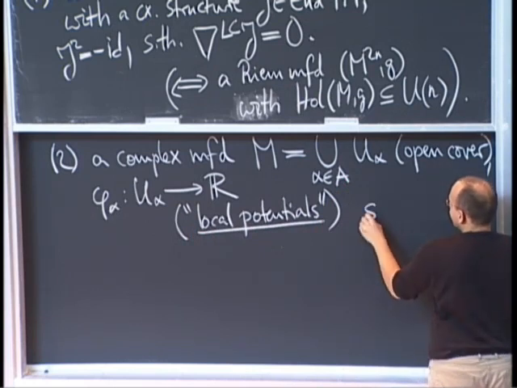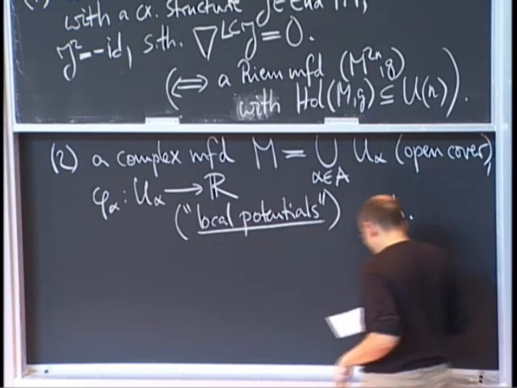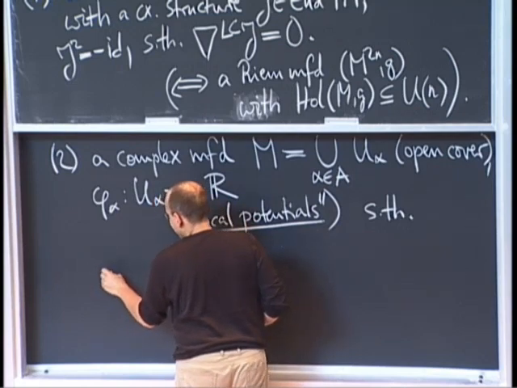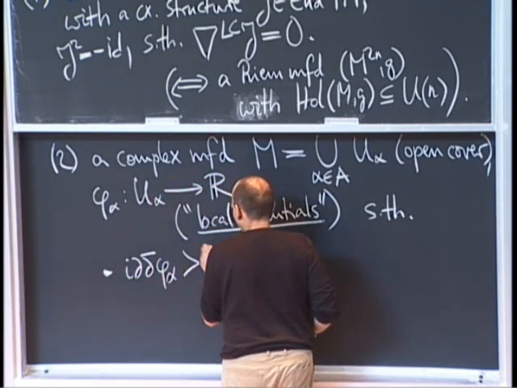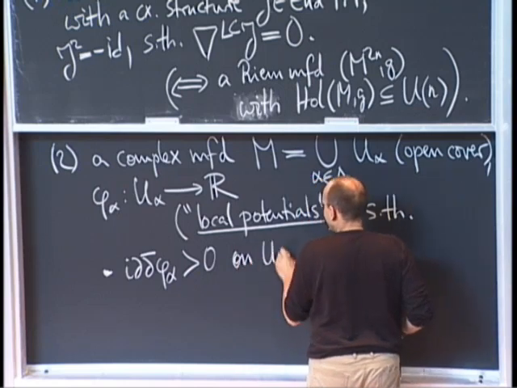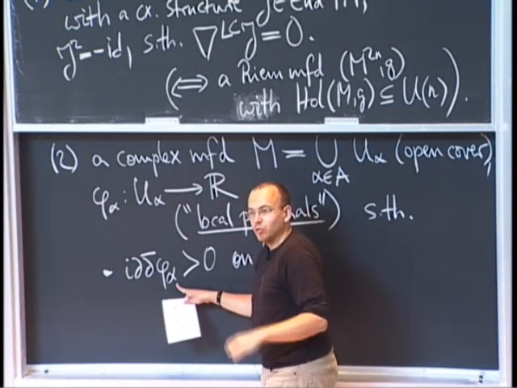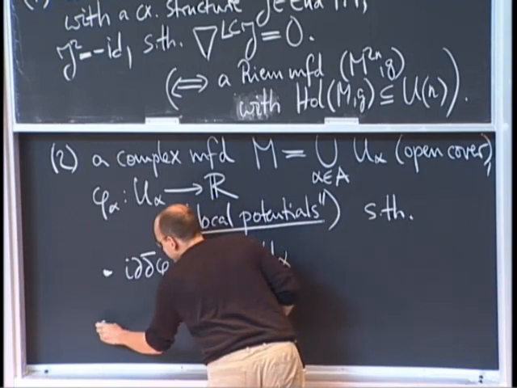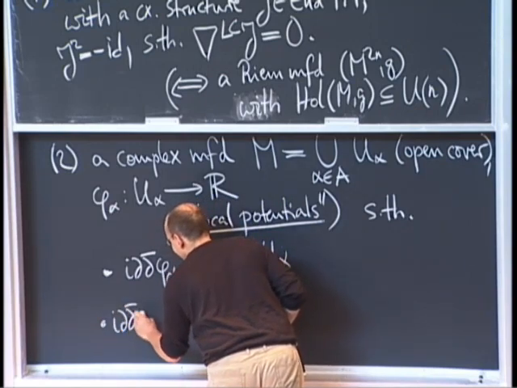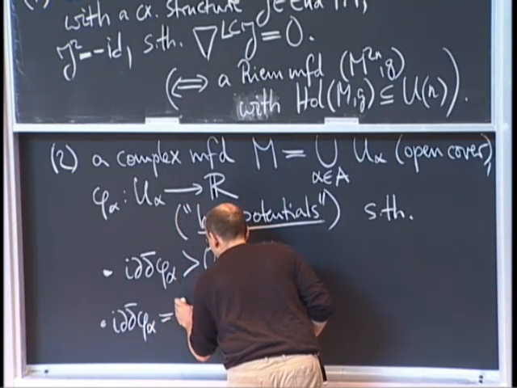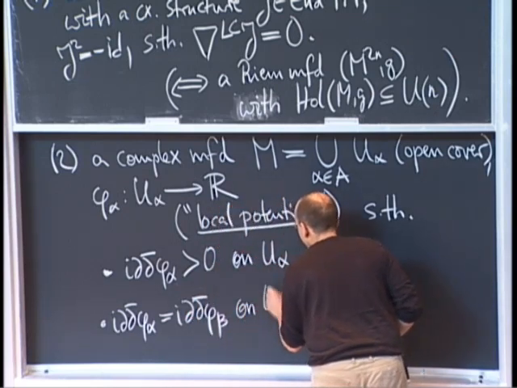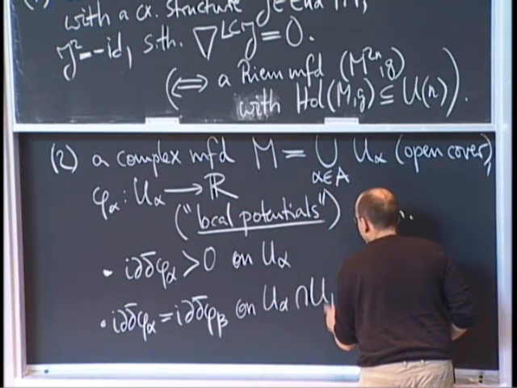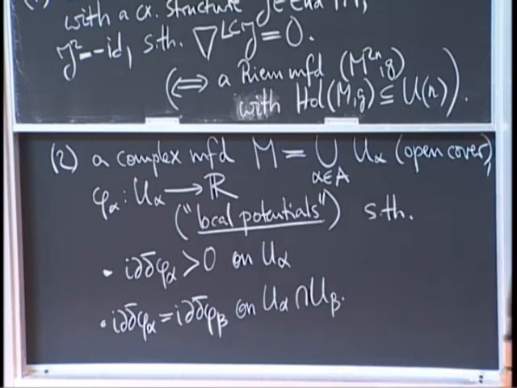What do you need? i dd-bar phi_alpha is a positive 1-1 form on each patch, and these actually glue up as a global 1-1 form, so i dd-bar phi_alpha equals i dd-bar phi_beta on the overlaps.